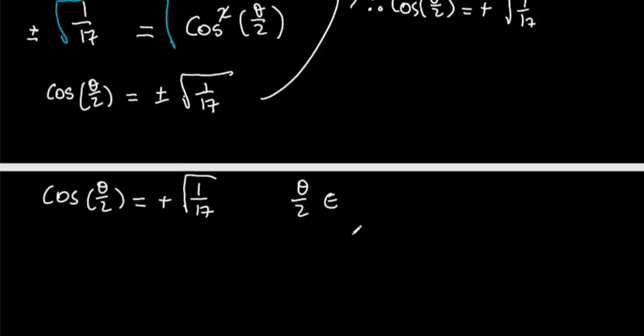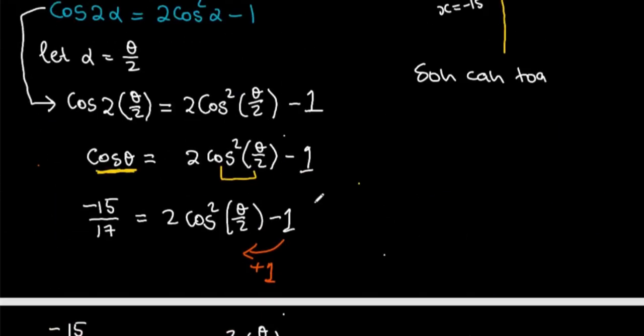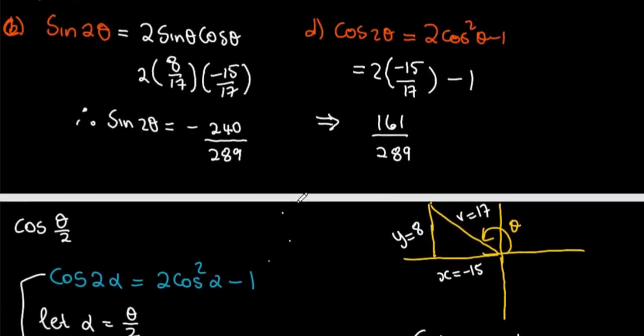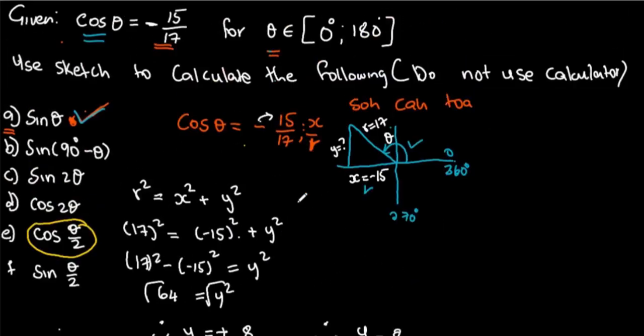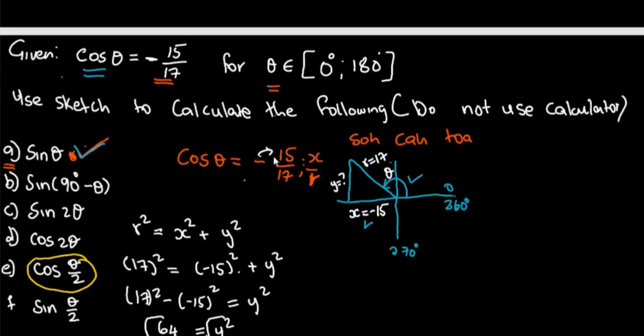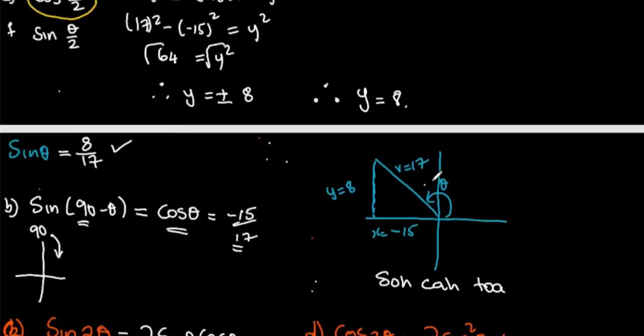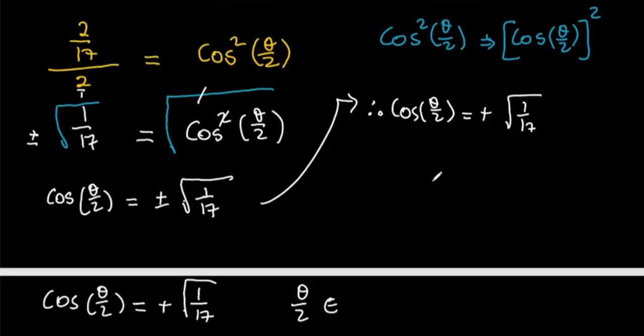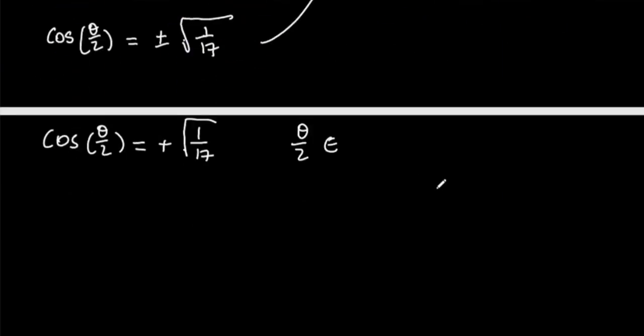Let's go back. We were given a boundary. I just want you to be smart when you do this. Look at the given boundary: theta must be an element of 0 and 180 degrees.